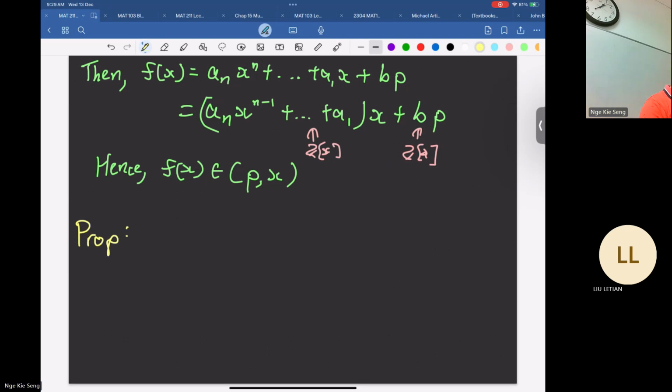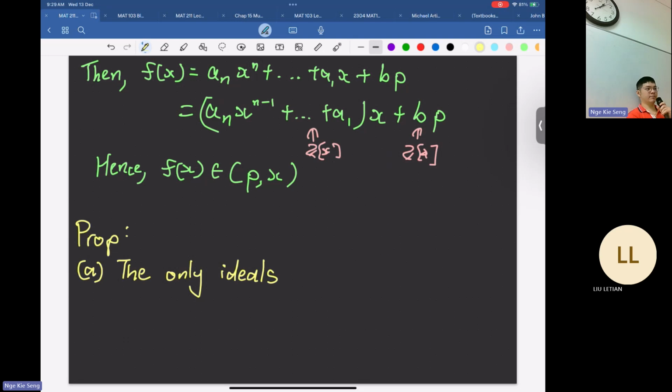Proposition. So let's look at a field. A field is a ring. What's a field again? How is a field different from a ring? Multiplicative inverse for all the non-zero elements.